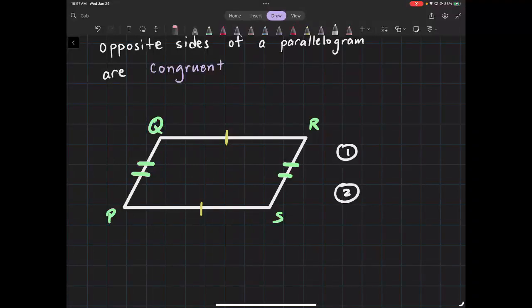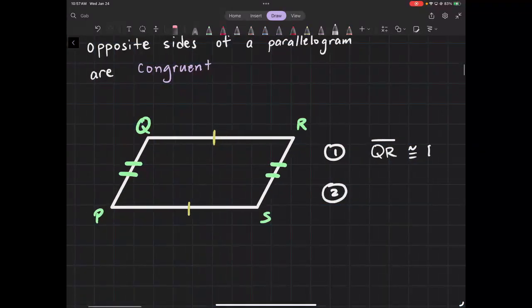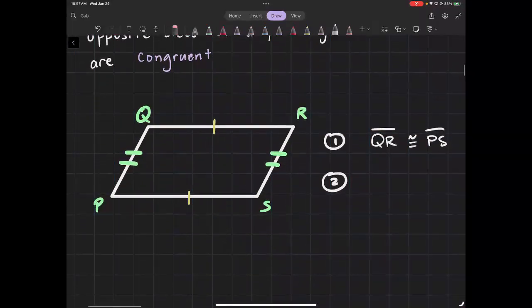So QR should be congruent to PS. And what's the other one? QP and RS.